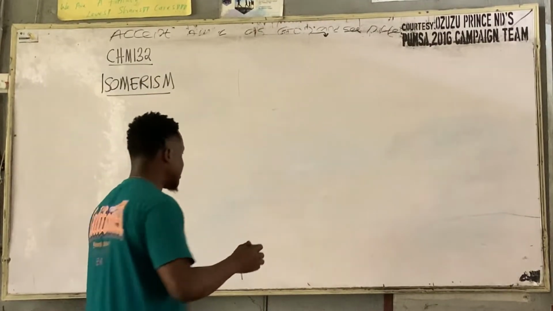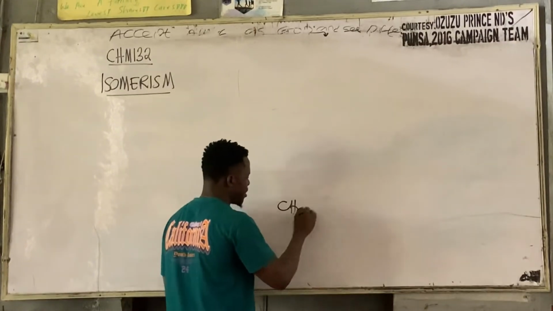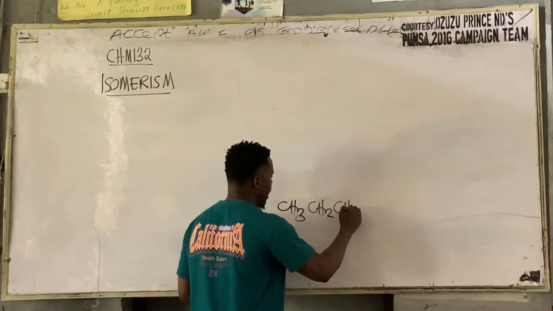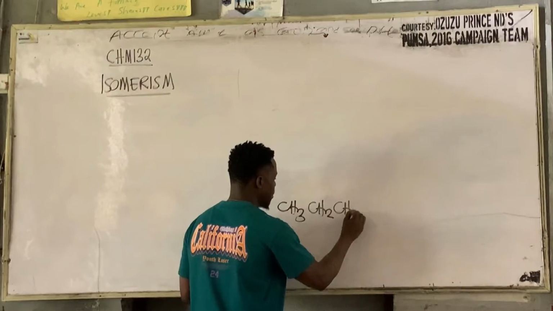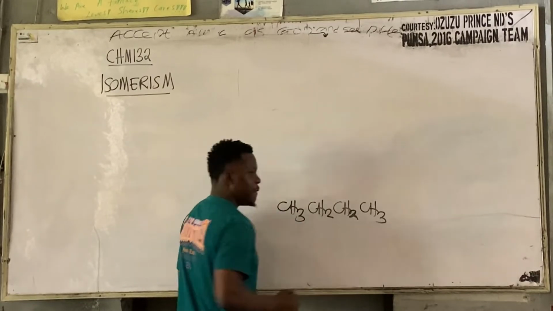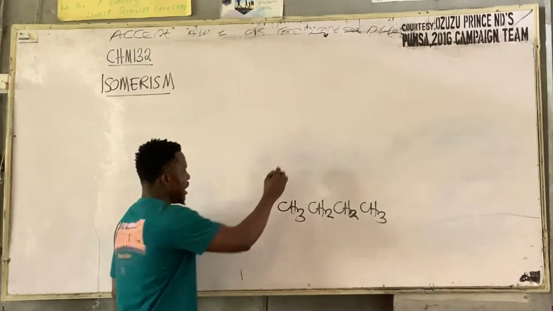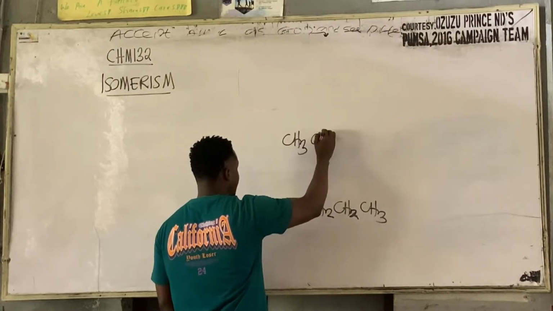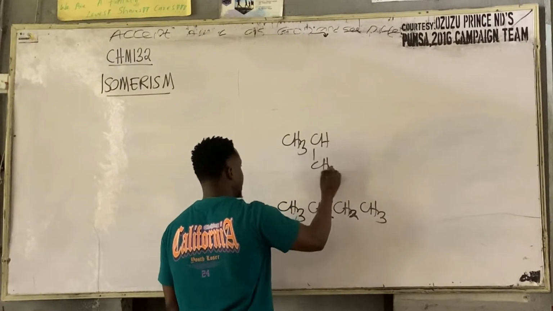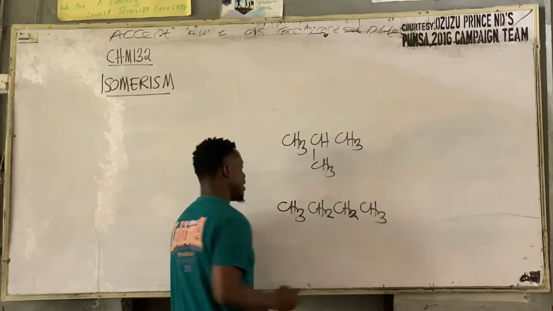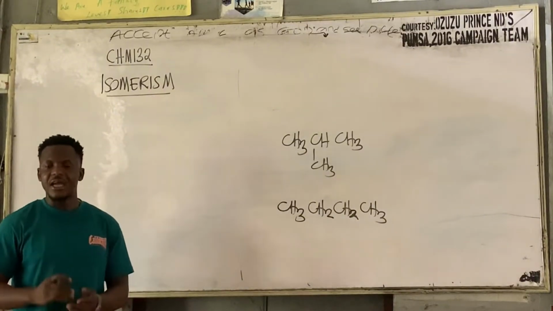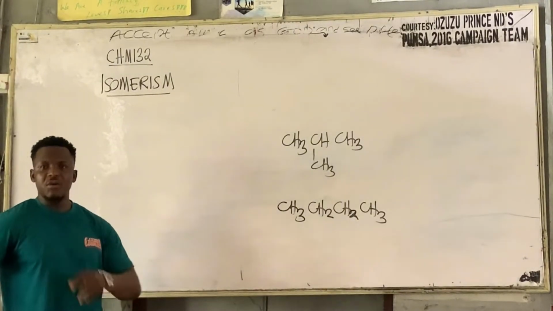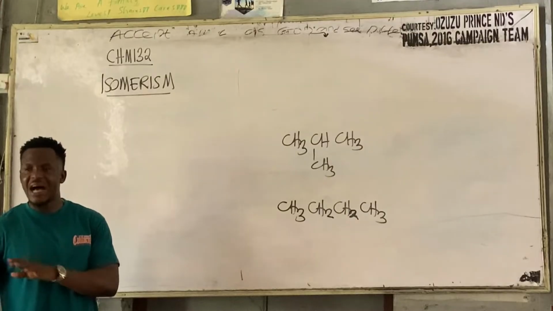For example, we have CH3, CH2, CH2, CH3. And we also have a compound that presents something like this: CH3, CH, CH3, and CH3. If you look at these two compounds, they have something in common. The number of carbons and the number of hydrogens are the same.